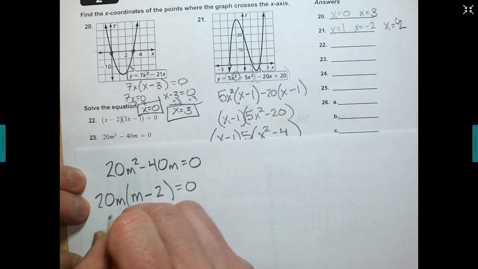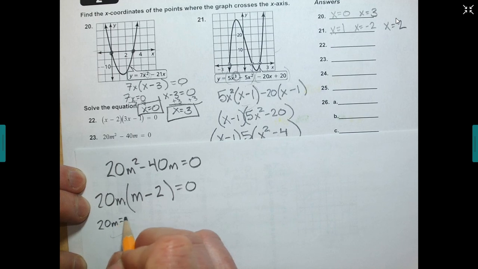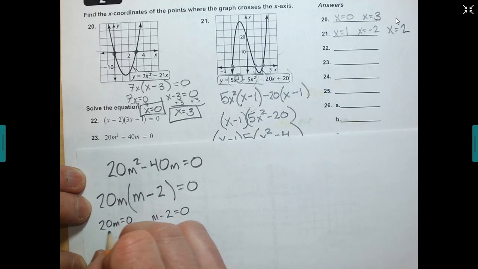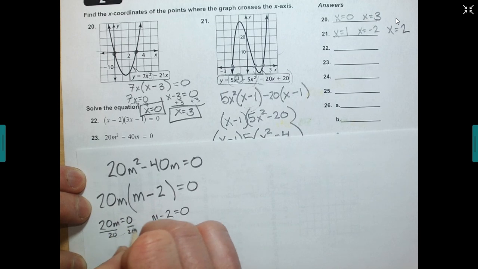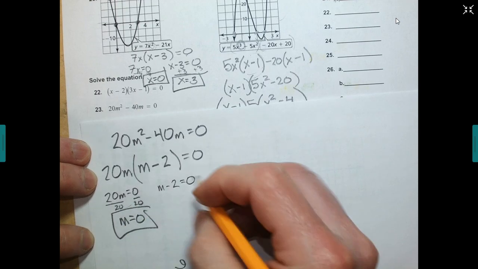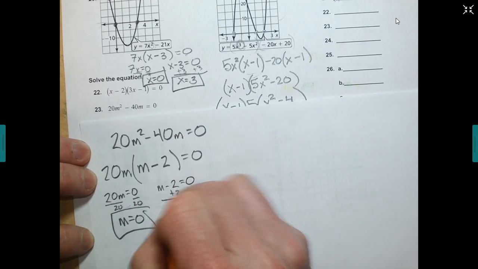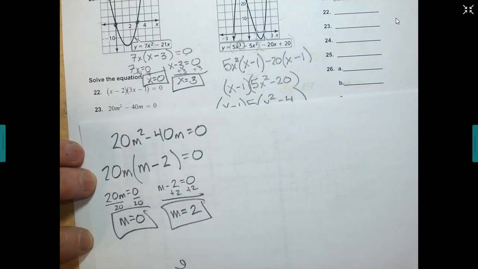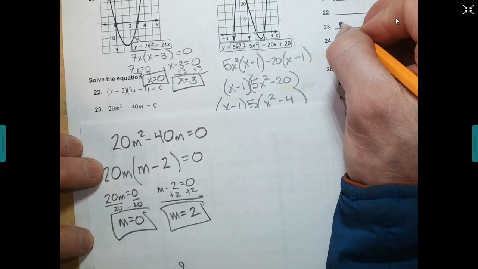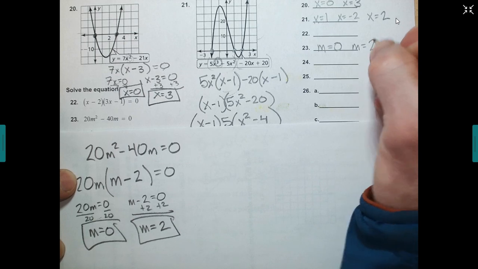And we need to solve. So once I get to this point, I have 20m equals 0, m minus 2 equals 0, divide by 20, m equals 0, add 2 to both sides, m equals 2. So for number 23, m equals 0, m equals 2.